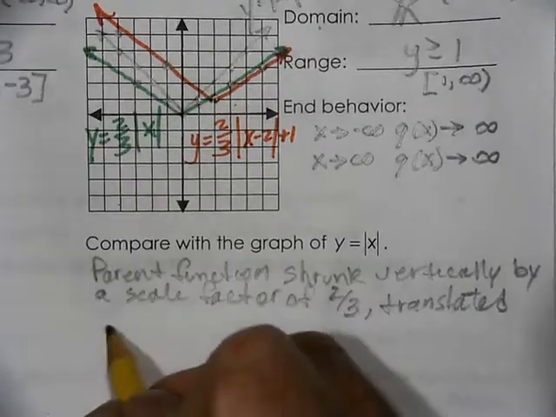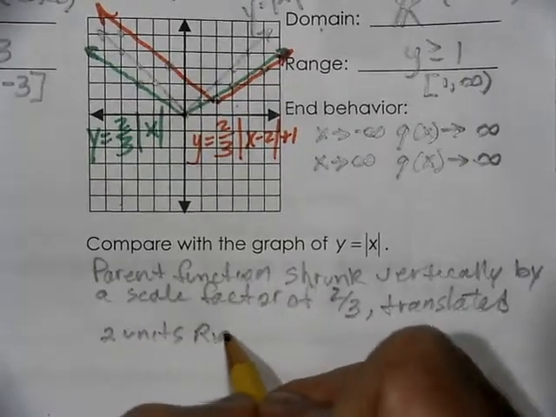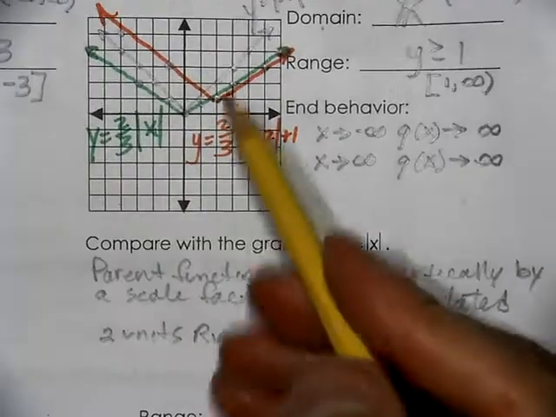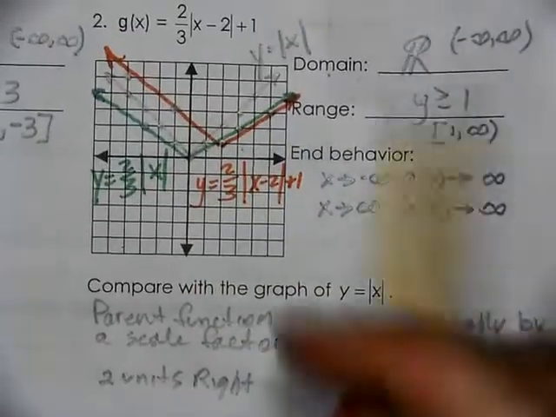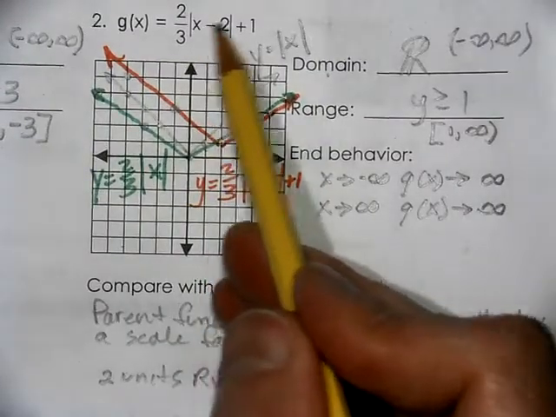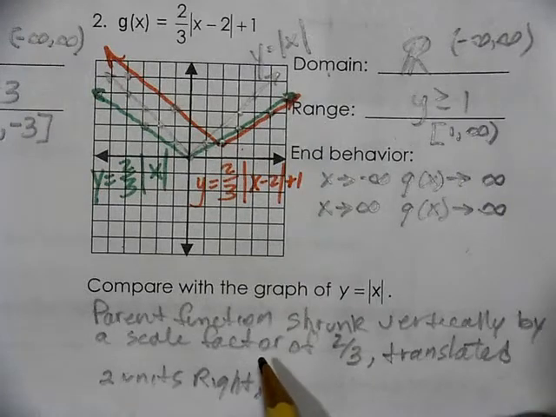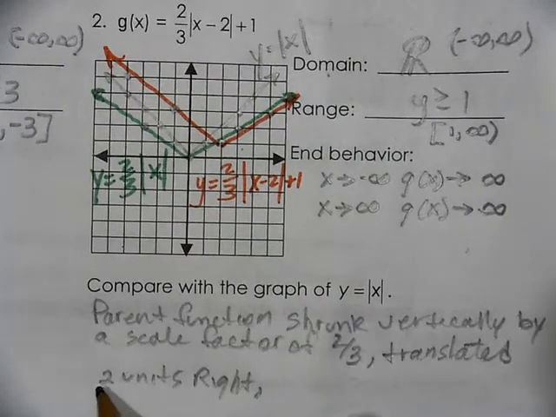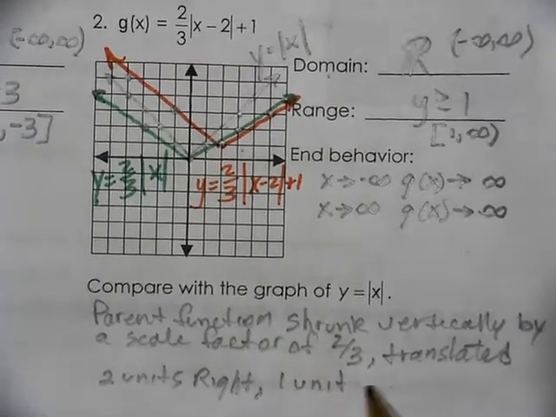Translated 2 units right, because remember that's always going to be opposite of what you think. Because it's x minus 2, it's going to move to the right. But it is going to move exactly the correct way for your k value, vertical. So 2 units right and 1 unit up.